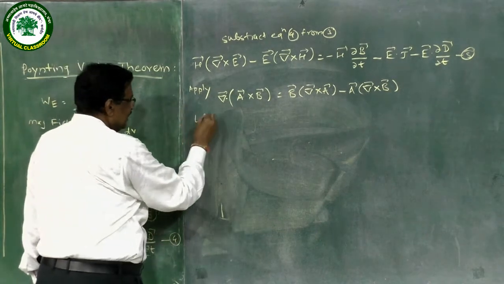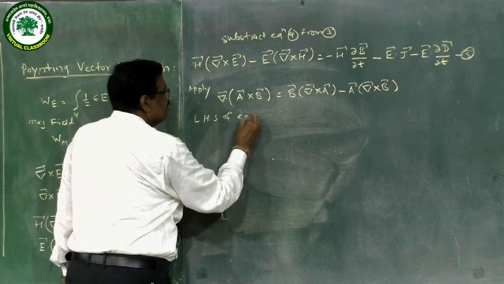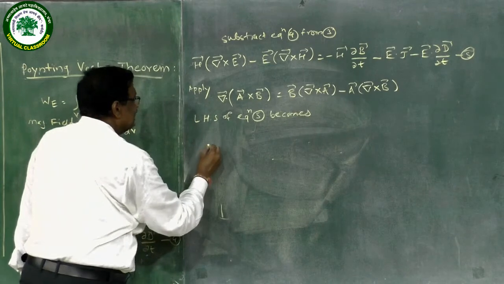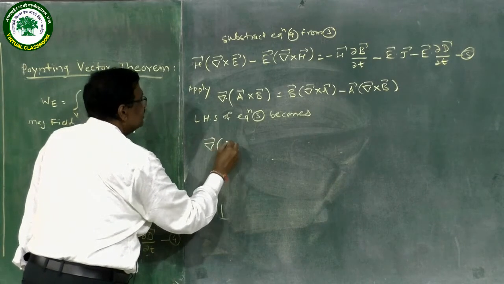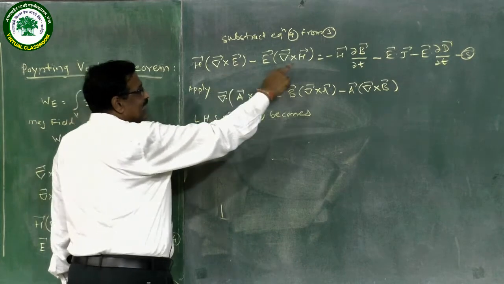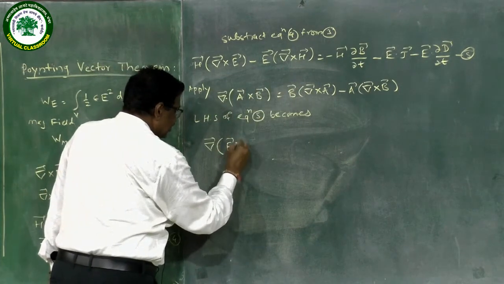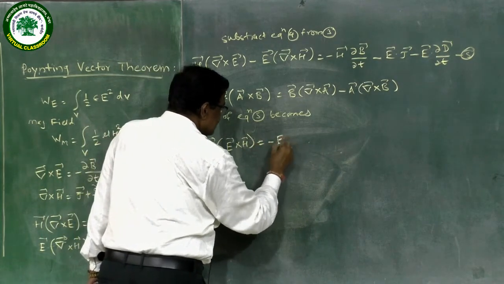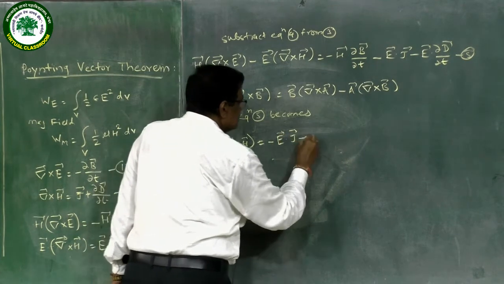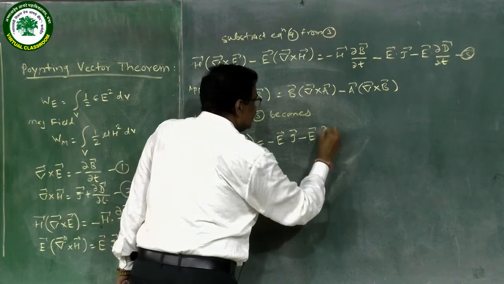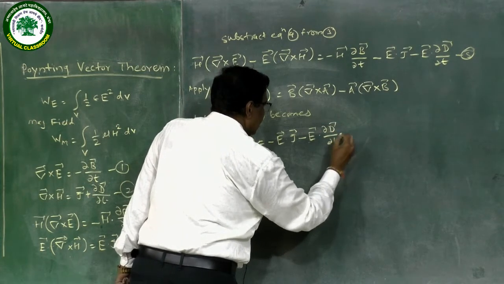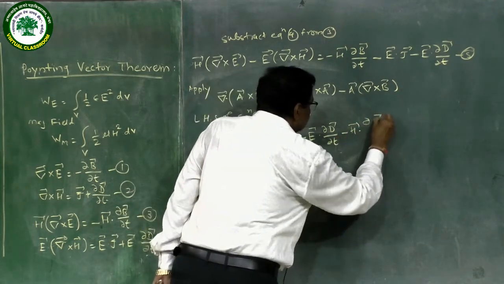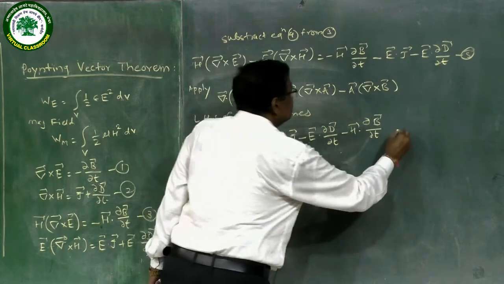Then the left-hand side of equation 5 becomes the divergence of the cross product of the two vectors, where the first vector is E and the other is H. So divergence of E cross H is equal to, with the right-hand side as it is, minus E dot J, minus E dot delta D upon delta t, and the next term is minus H dot delta B upon delta t. This is equation number 6.